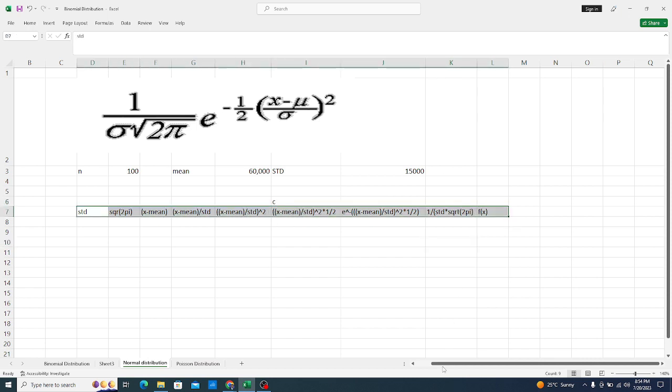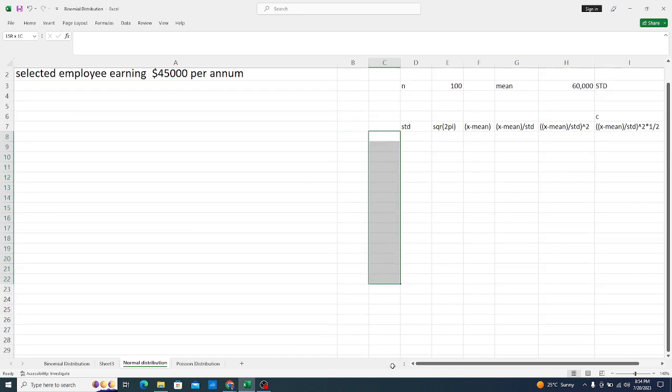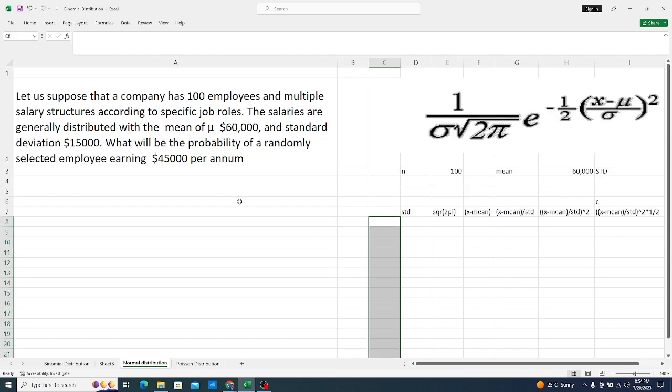Nice. Then, what are our values of x? Remember, we'll need some probabilities here. So I want us now to randomly generate, remember, we did a random selection here.